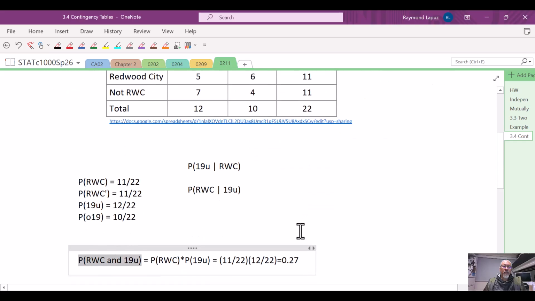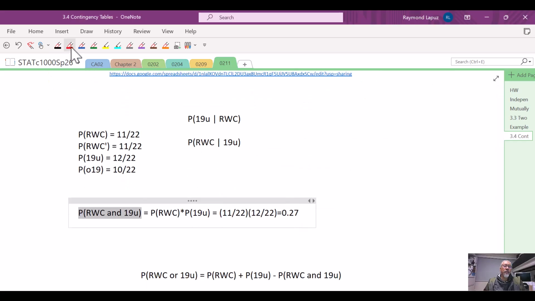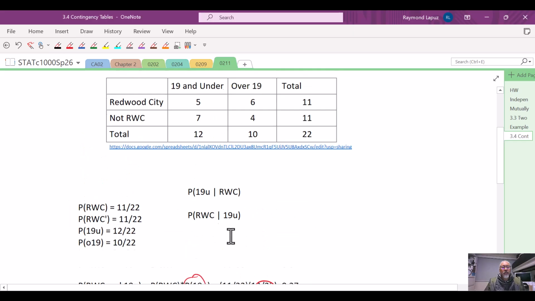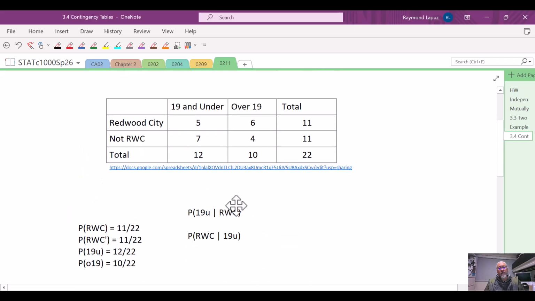That was, I think, my error here, and that's why this formula is incorrect, because I assumed that they were not independent, but they actually are. Those two things. So let's take a look at these two probabilities.